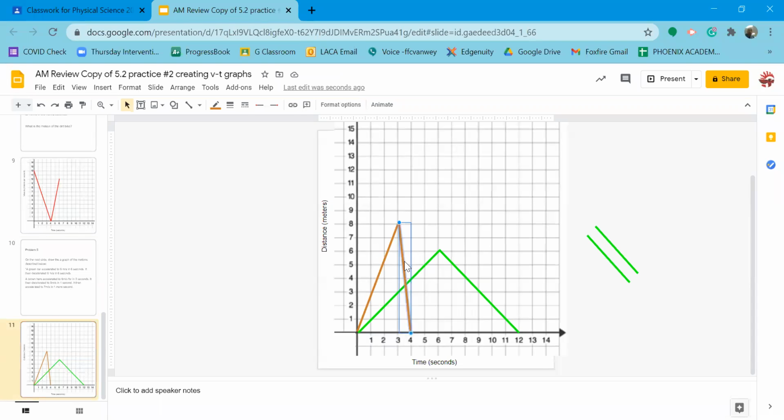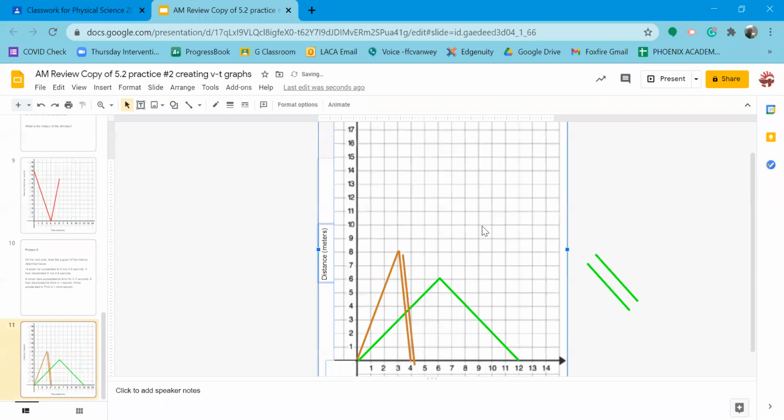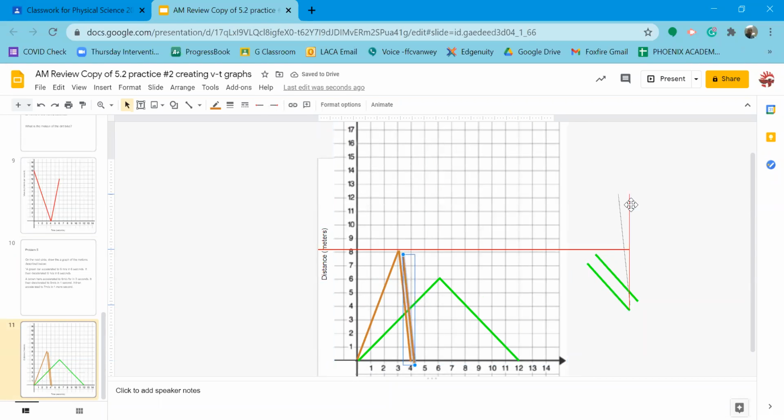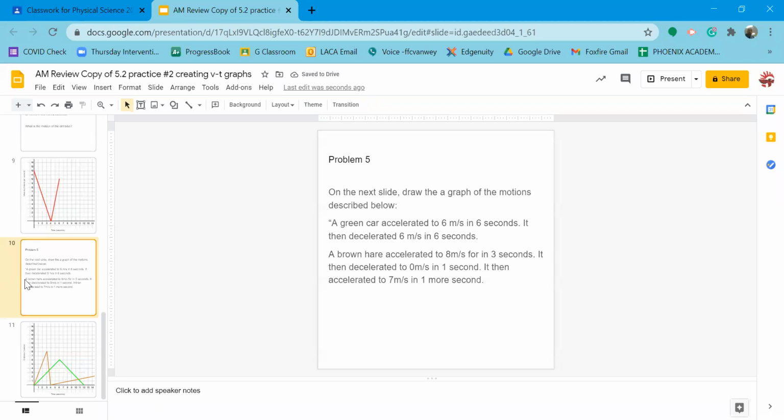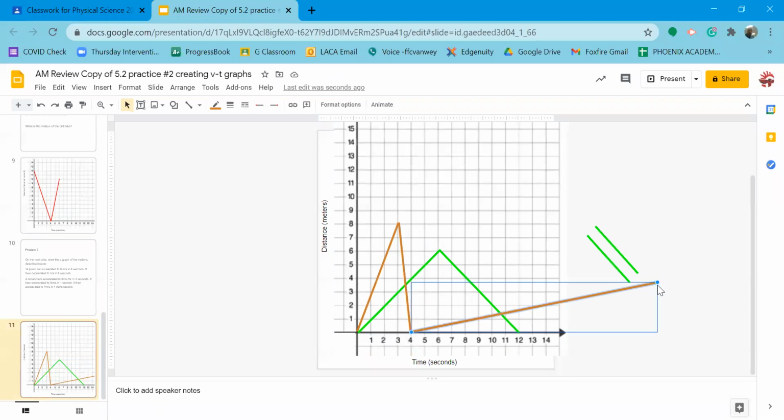So this is not likely to actually happen. Okay, we're just playing with some physics graphs here, but this is what happens when a teenager drives. You slow down very quickly and you speed up very quickly, 7 meters per second in 1 second.